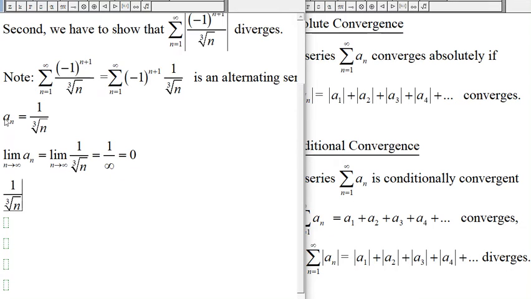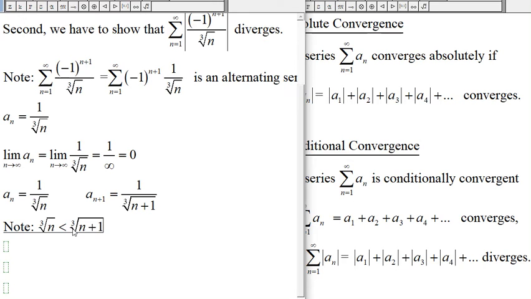And so we have a sub n is this, and so a sub n plus 1, then just replace the n with n plus 1. And so we have this is less than that.